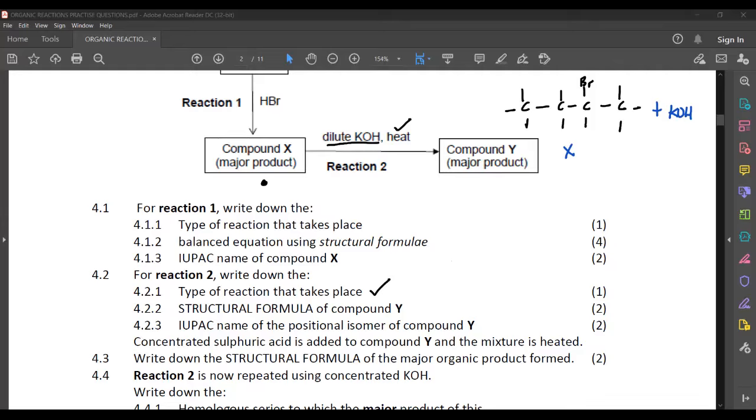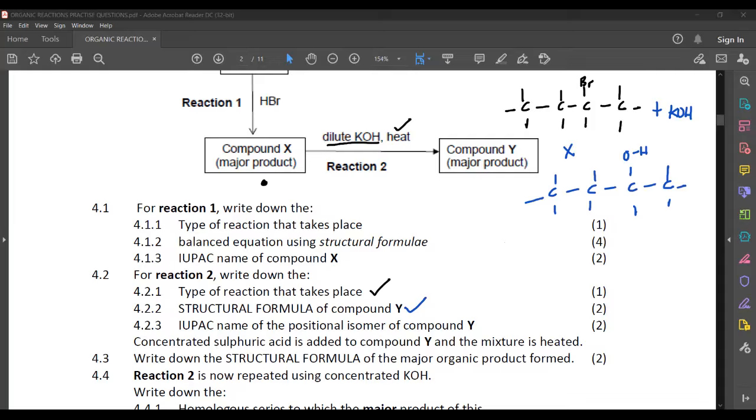And they want, in this case, the structural formula of compound Y. So I will make sure that I substitute. Where there is Br, I'll just put an OH. And then further on, I add the rest like that. And I'm fine with this. So this is potassium hydroxide, which is a dilute base, substitution, hydrolysis. That's the structural formula of compound Y.